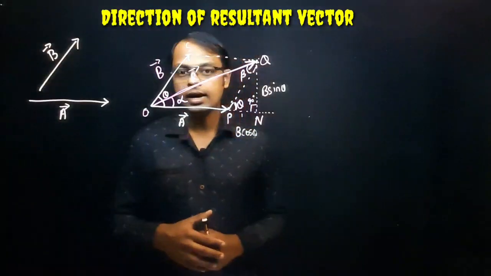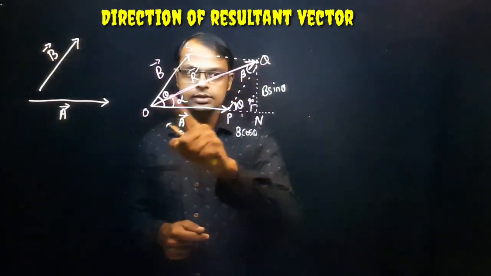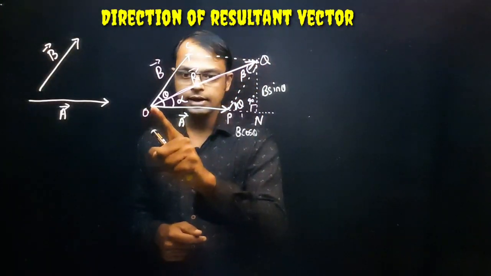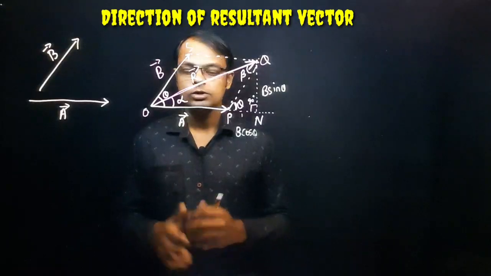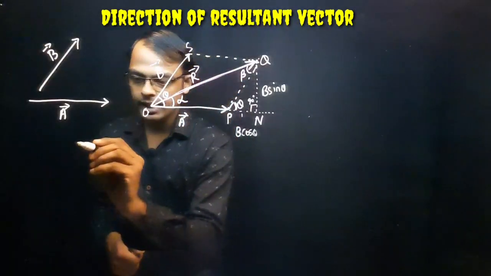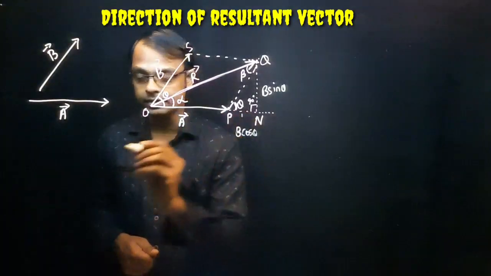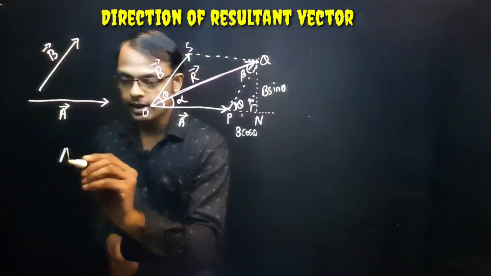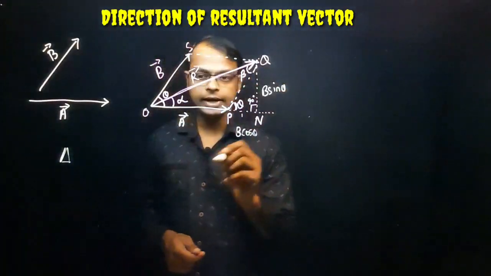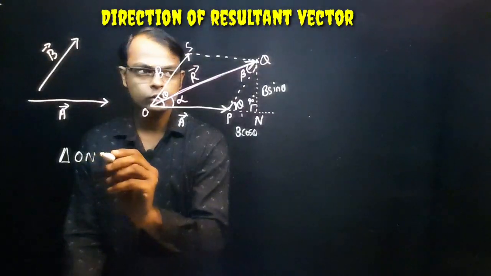Now let's derive a relation for the angle alpha. Here what is the angle alpha? Angle alpha is the angle the resultant vector makes with the A vector. So in order to calculate the angle alpha, or the direction of the resultant vector with the A vector, we can use the triangle. From the diagram you can see the triangle ONQ.